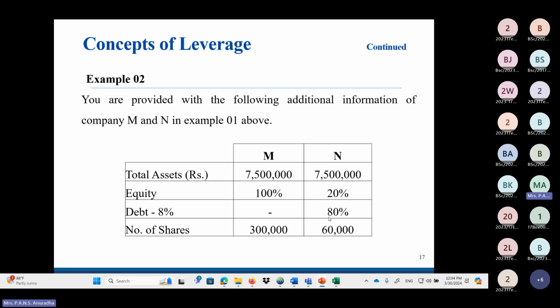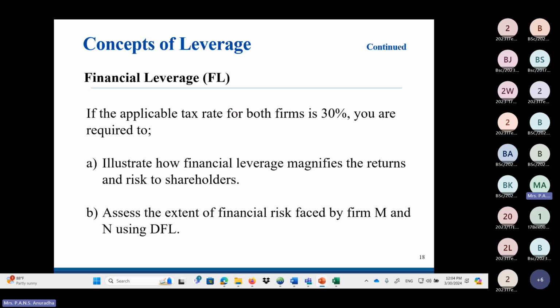Their capital structure has a high financial cost, so this is a high financial risk company. The number of shares is given, 300,000 and 60,000 for these two companies. Company N is the company with high financial leverage because of the high debt portion, 80% in their capital structure. So let's calculate.